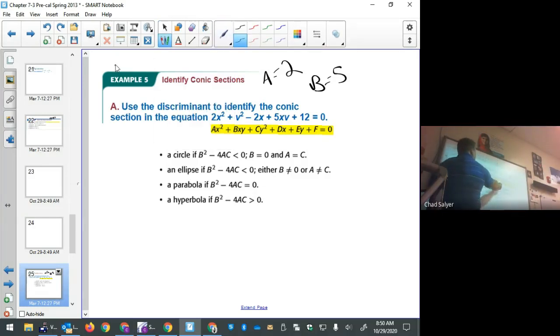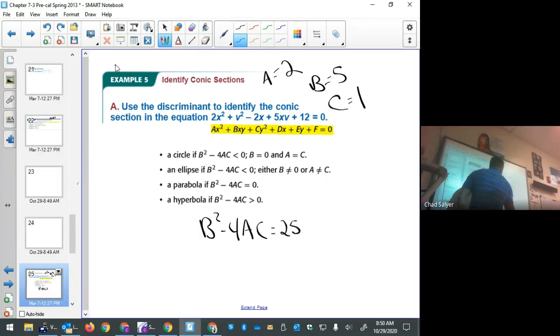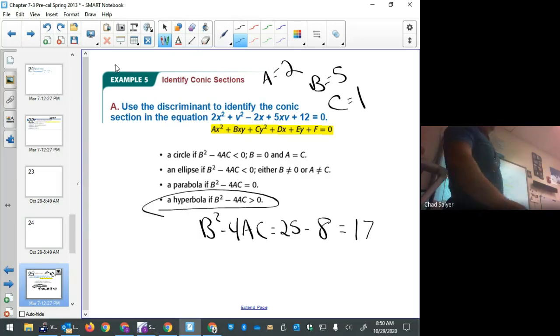C would be the V squared term in this case. So that's 1. Everybody with me? Okay, B squared minus 4AC is going to equal 25 minus 4 times 2 times 1, so minus 8. And that's going to be 17. Greater than 0, we've got a hyperbola.